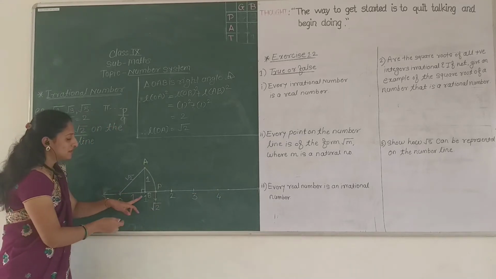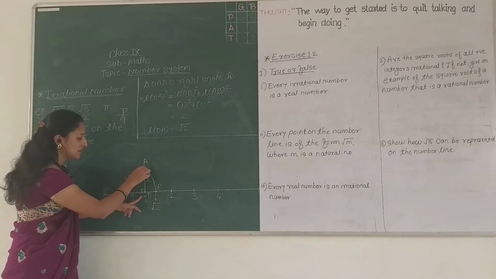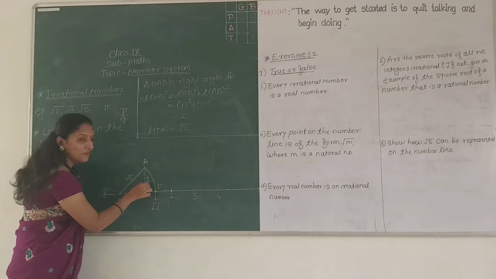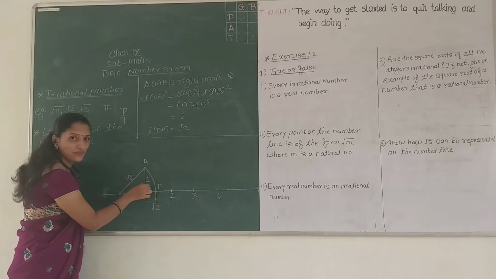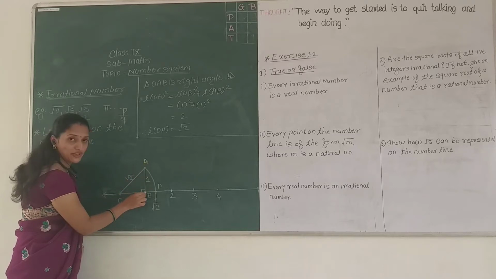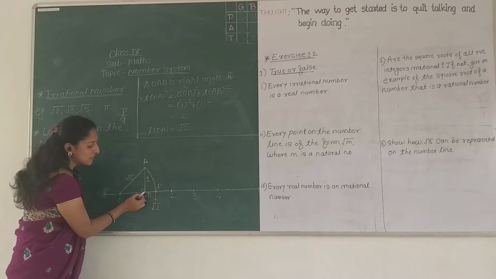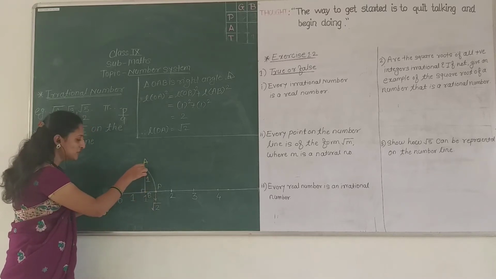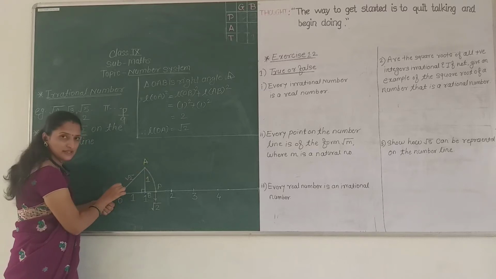Now draw the perpendicular at the point 1 of unit length, that is of length 1. Call this point A, call the point 1 as B, and join the point OA.